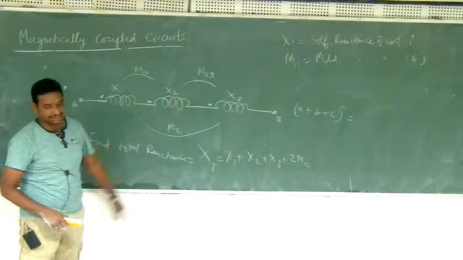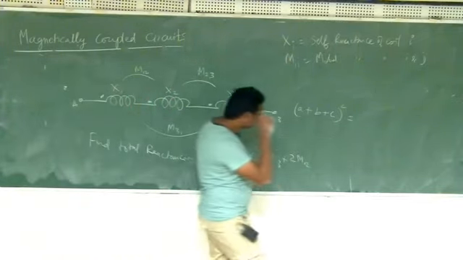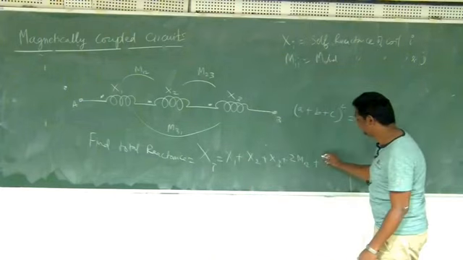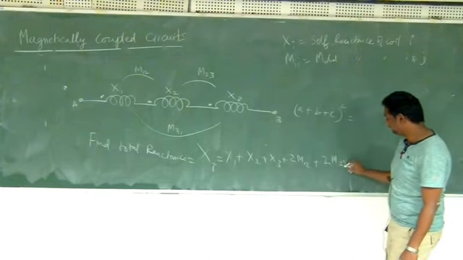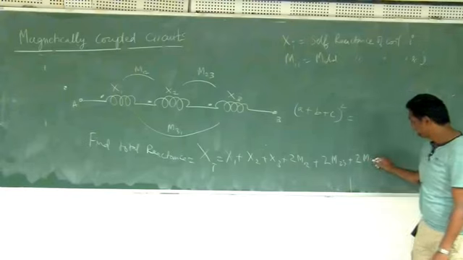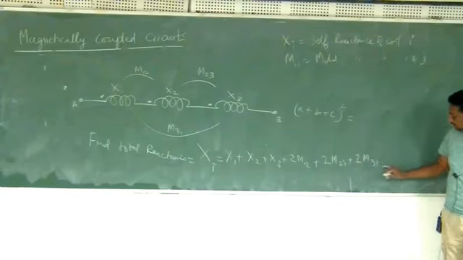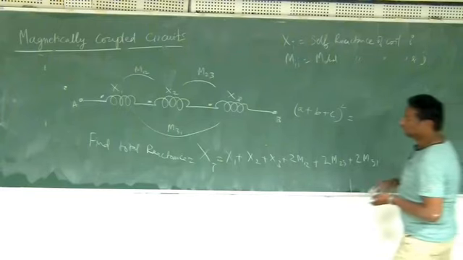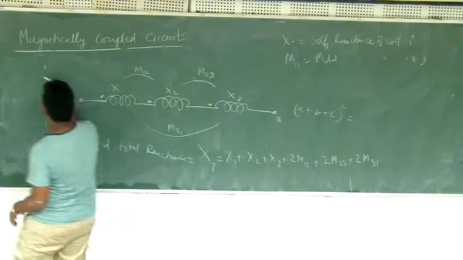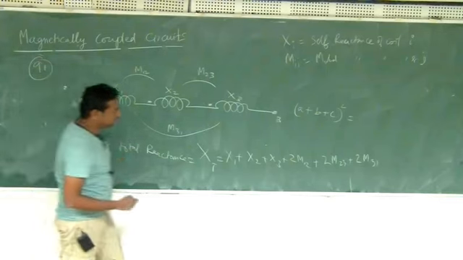So that only we are getting here, mutual. Something like that: 2 into M12, 2 into M23 plus 2 into M31. So this one is problem 9. I think the answer also we have written here.